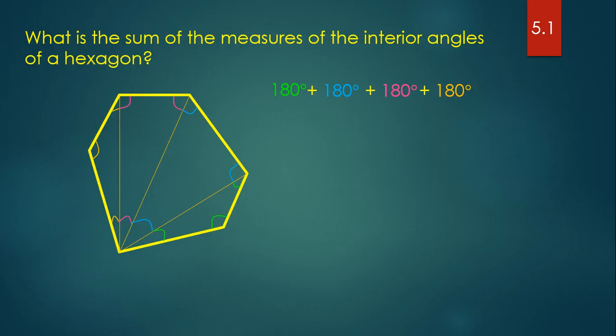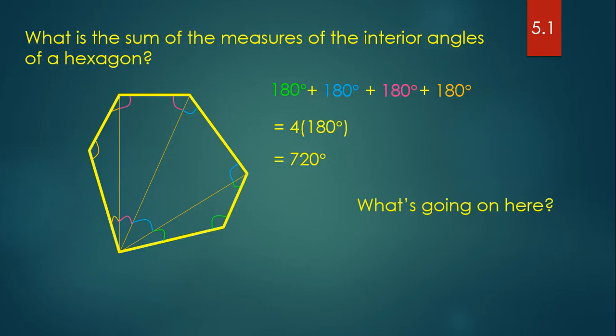So now we've got all of these angles inside the triangles, which if we put them back together would give us all of the interior angles of the hexagon. So we'll put together all of the angle measures that we have. And since we have 4 180s, the sum of all the interior angles would be 720 degrees.